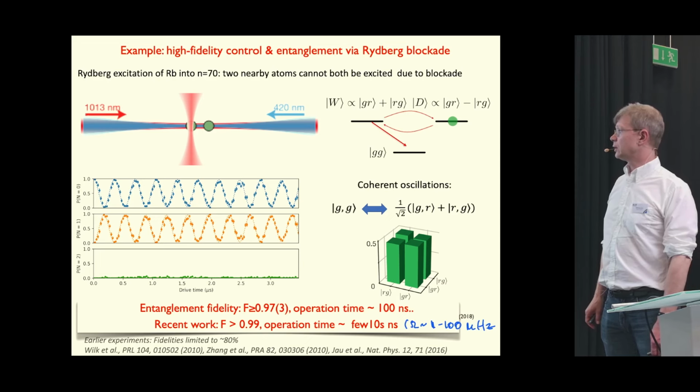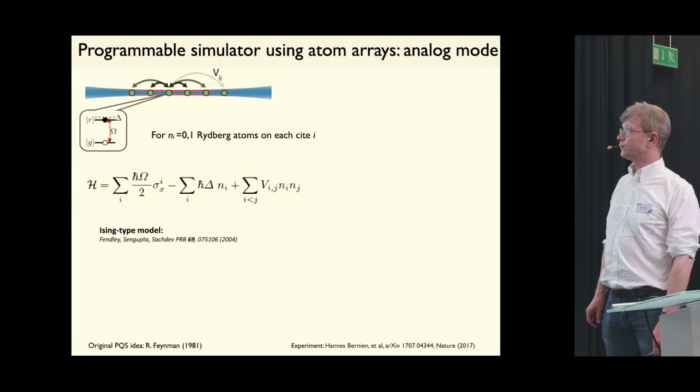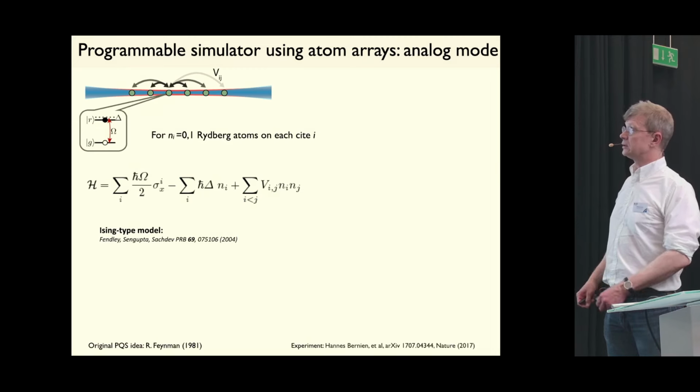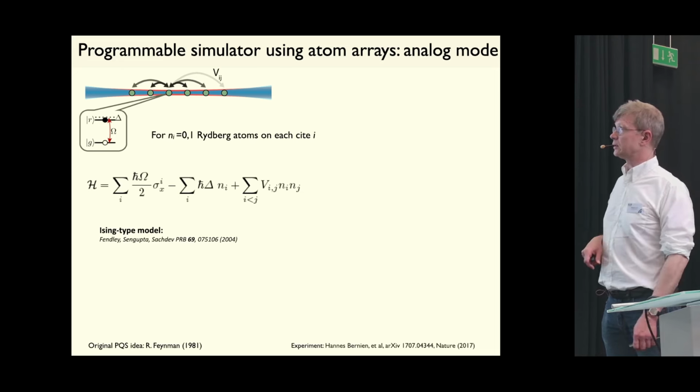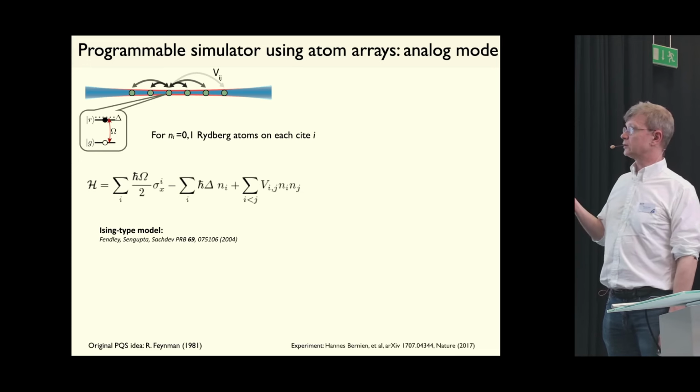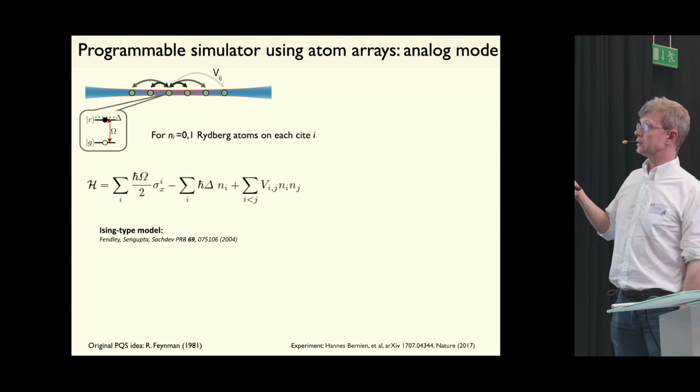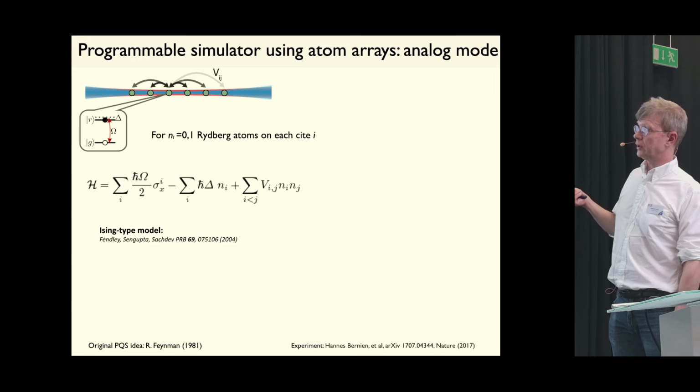So you can also think about using this system as an analog programmable simulator. And if you start, for example, with a chain of these atoms, you can think about it as a spin chain. So in the spin chain, you have basically a transverse field.